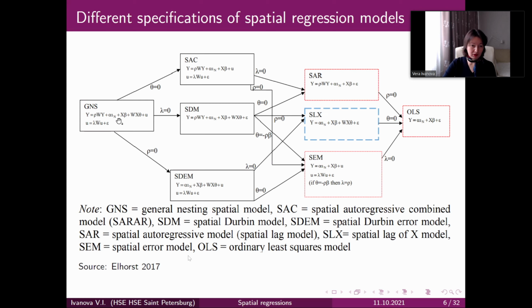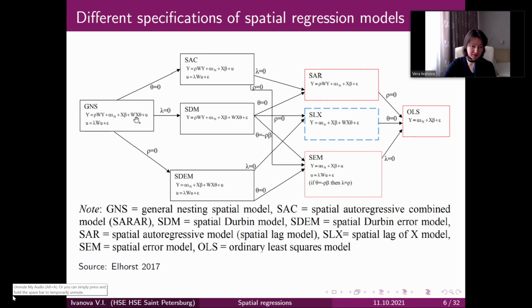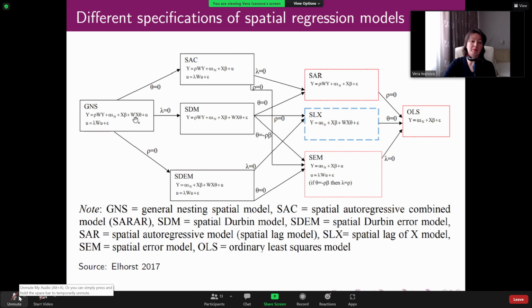Also, we have a term which is familiar to us, x beta. So there are several parameters to estimate: rho, which is a scalar, theta, which is a vector, because we consider a multiple regression, that is, we consider multiple x variables, and a scalar lambda.